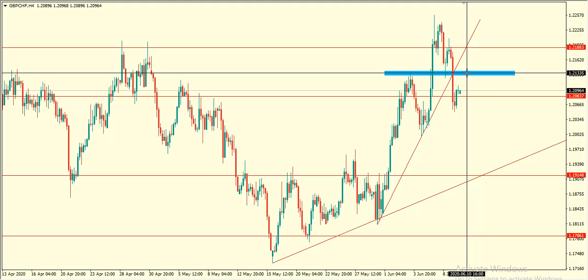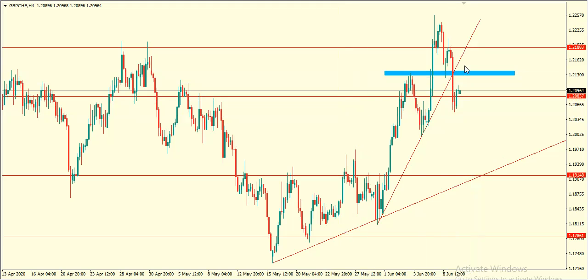So from that area, I'll be expecting to see the next move down to support at 1914. So that's going to be all on today's analysis.